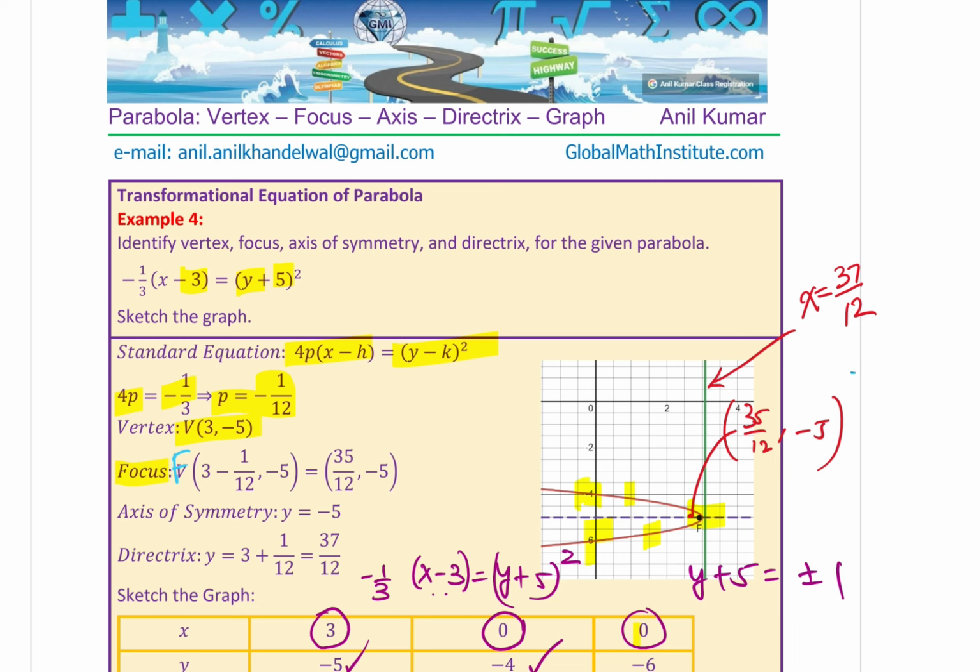And that gives you two results. That is, y is minus 4 and minus 6. So those are the results for this particular graph. So you get the two y-intercepts. Perfect. So I hope you have understood how we could get the parameters and how we can sketch a parabola.